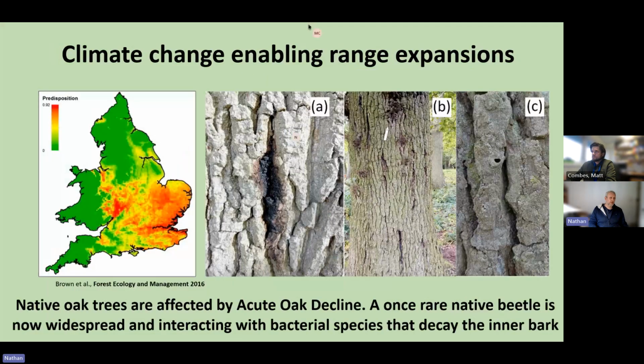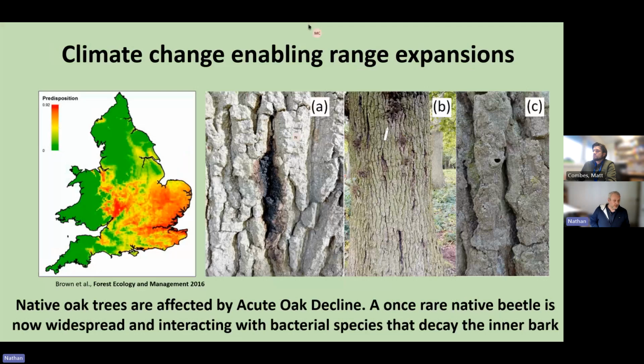It's not just new arrivals and transport links that are causing these changes. We've got a changing climate. Here we've got the example of acute oak decline that we should all have looked at in the summer. It involves a beetle that's very thermophilic, so it likes warm areas. As the south of the UK gets warmer, it is doing really well.